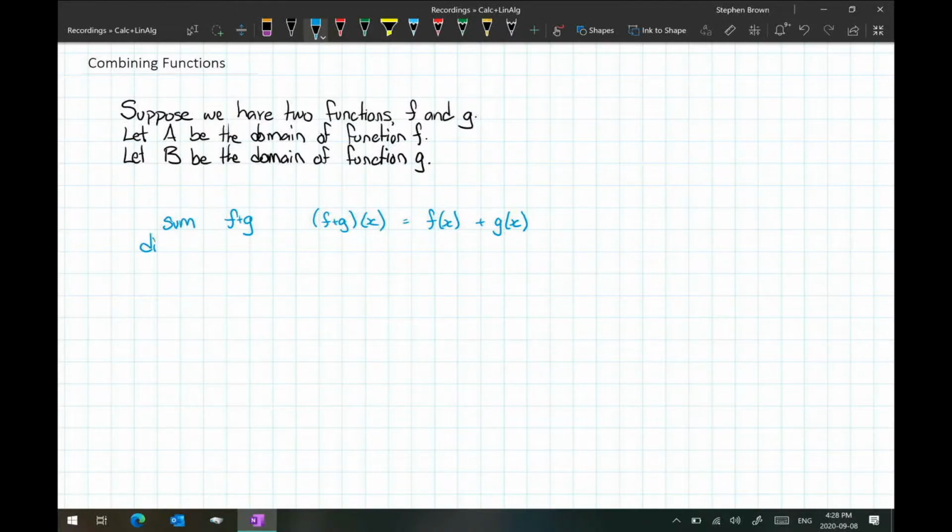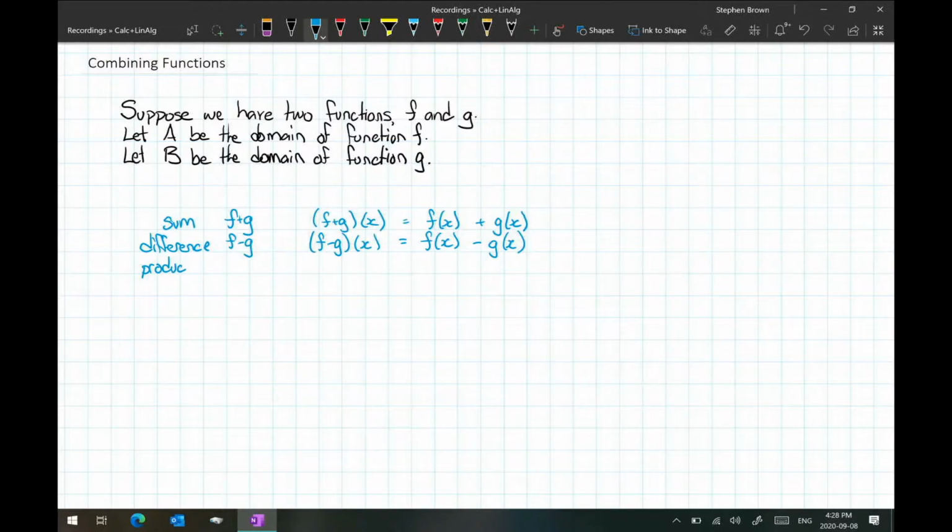We could subtract two functions, and that would be looking at the difference of them, f minus g. So our notation f minus g of x is the same thing as taking f of x and subtracting the result of g of x. And of course, x is just any variable, so you could just as easily use s or t or whatever you wanted.